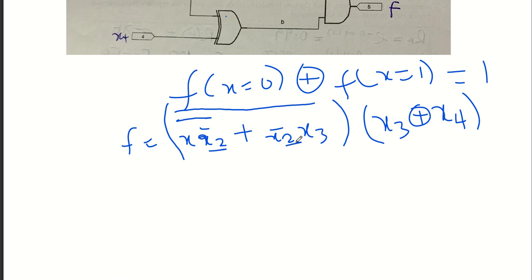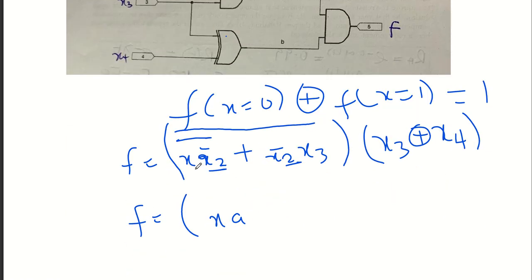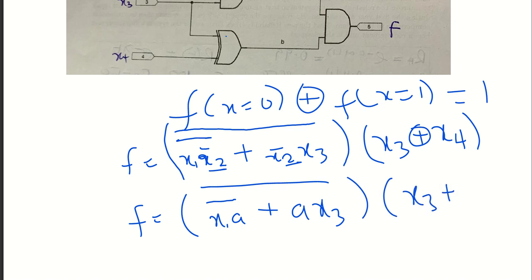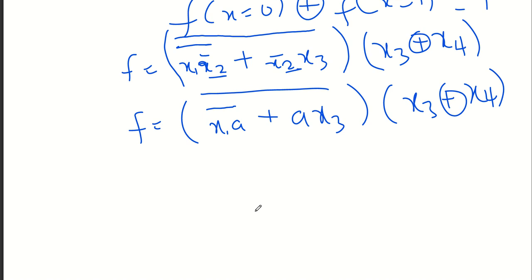So f is equal to x1 multiplying a, all bar, there has to be 1 here at x1, plus a and x3, all bar, multiplying x3 XOR x4, all bar. Okay, so once you're able to represent it like this, then you can start.